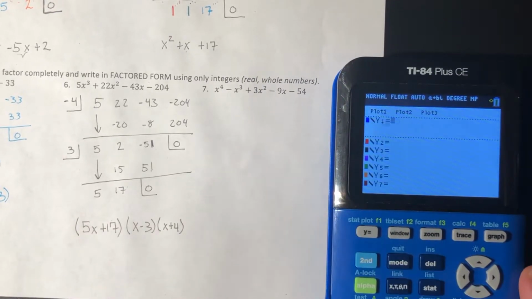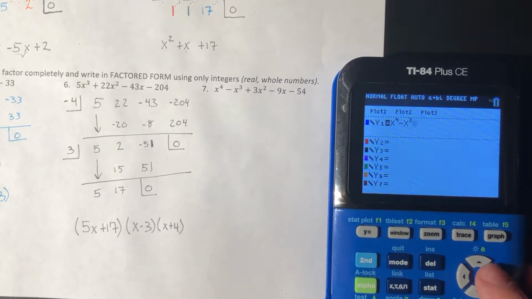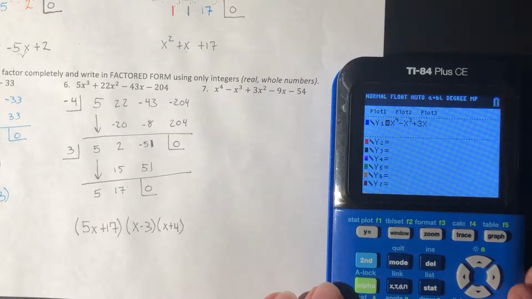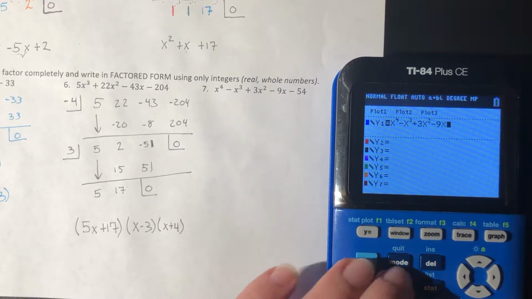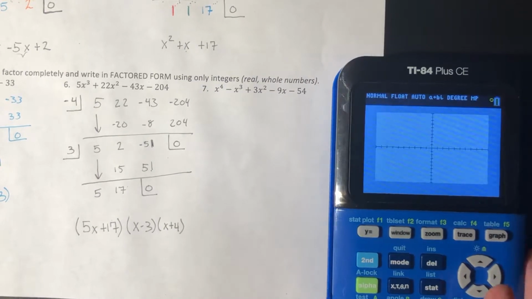So once more, I have x to a power of 4 minus x to a power of 3 plus 3x squared minus 9x minus 54. And I graph it.